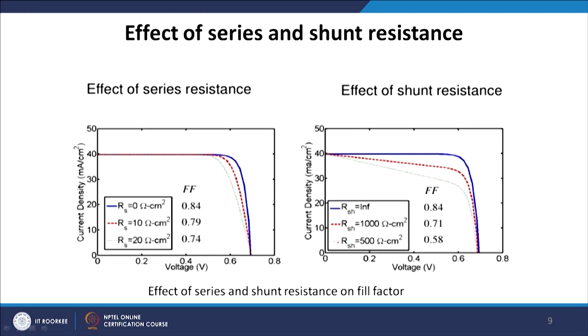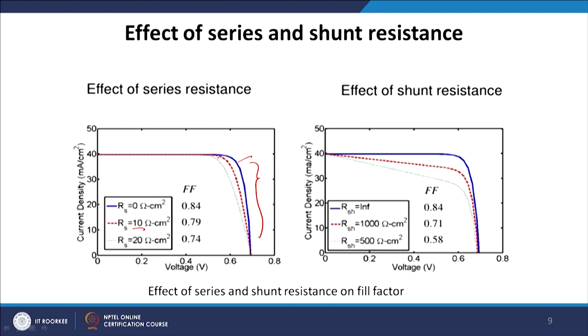Now, what will happen if the series resistance changes and if the shunt resistance changes? That will directly affect the IV curve. As you can see here, the IV characteristics, like the fill factor value, is shown for series resistance value 0. When the series resistance value is 0, this curve is the blue curve. When the series resistance is 10 ohm centimeter square, this portion of the curve changes.